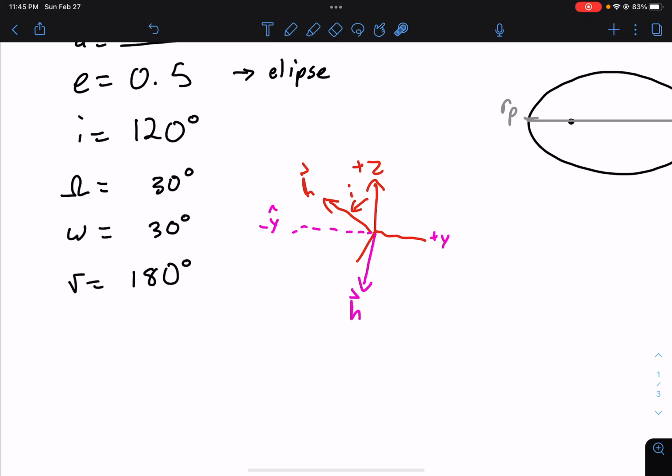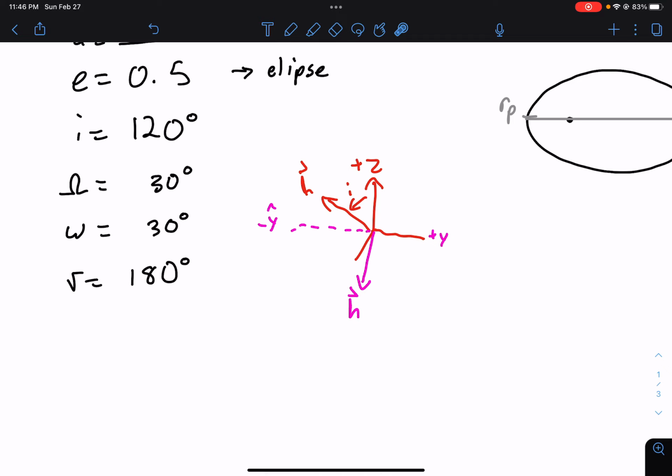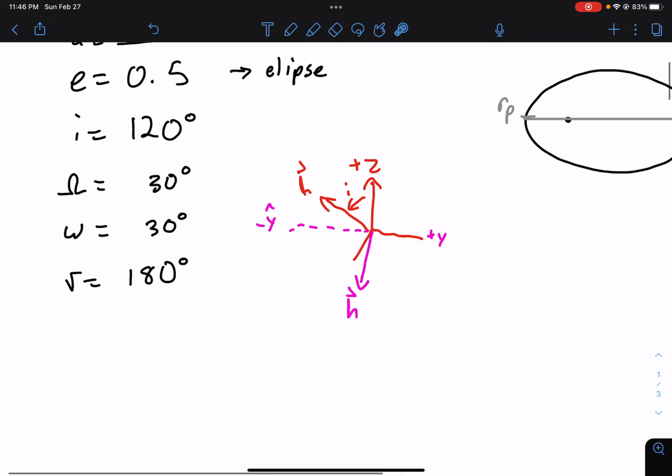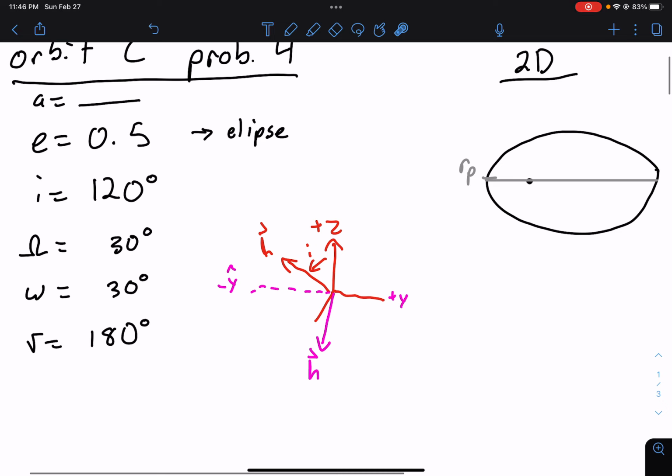So what does that mean logistically for you guys? Really easy for me: when our inclination is greater than 90, we want to be viewing it from the up-down. Whenever I draw sketches, I always draw them looking from the top down.